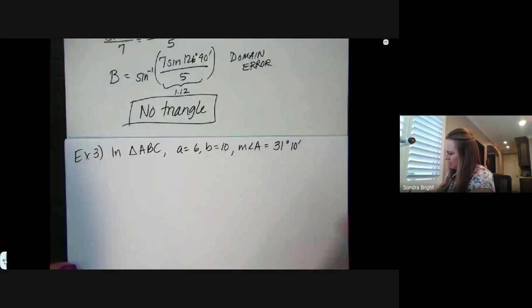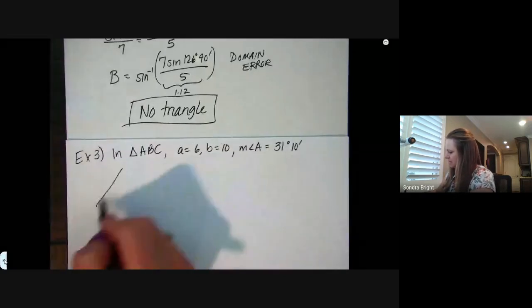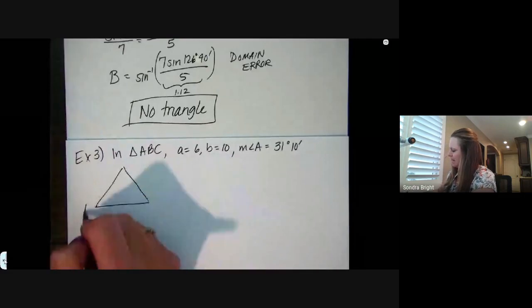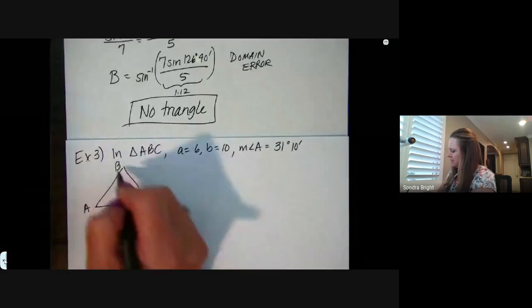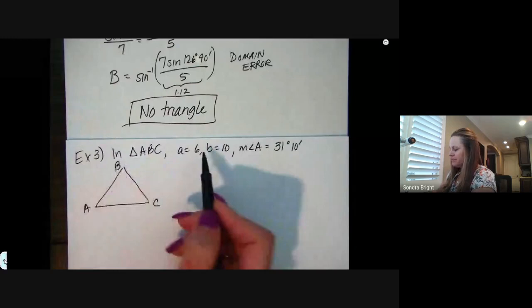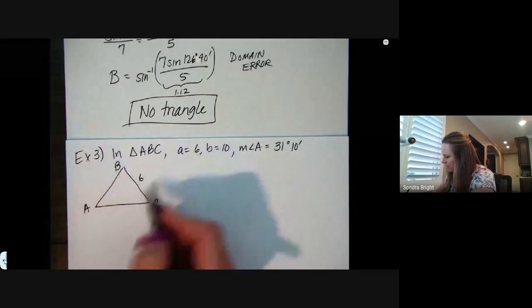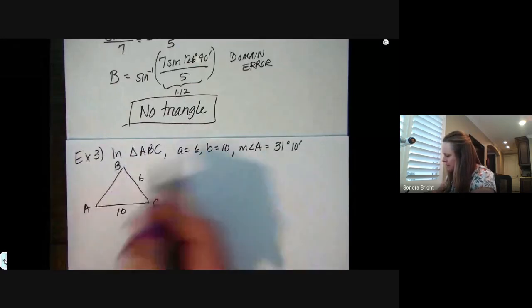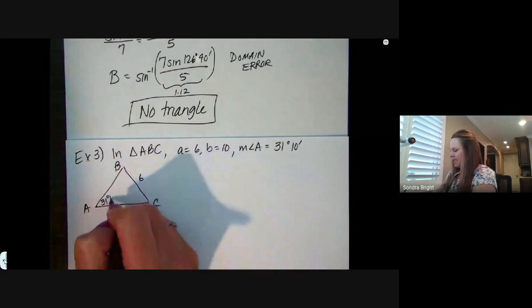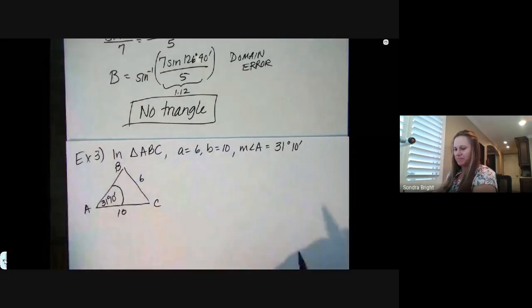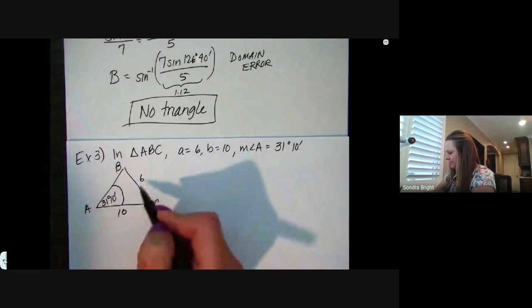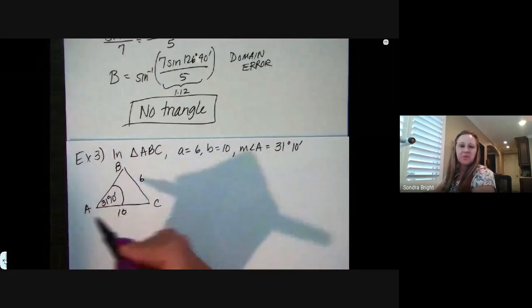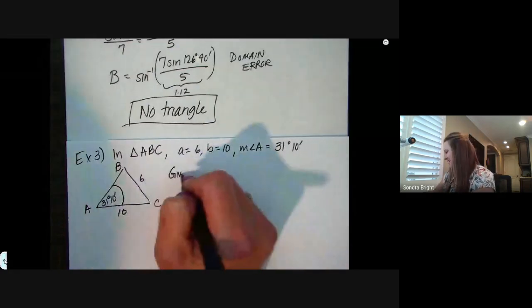All right, so draw a triangle ABC, side A is 6, side B is 10, and the measure of angle A is 31 degrees and 10 minutes. Side, angle. I guarantee you we're not going to get an easy one like no triangle again.